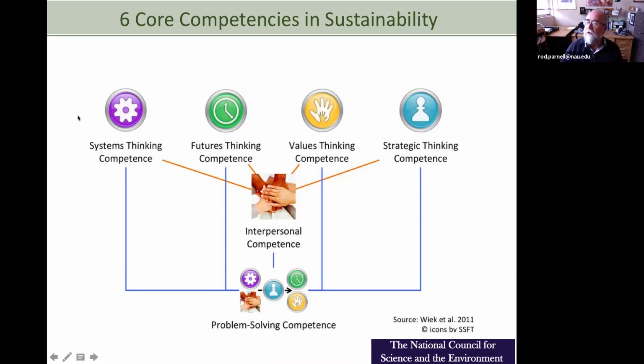And so we can think about these 4 competencies, then building with the interpersonal competence, and then using that to help build your problem-solving competence. But one of the important points to make about this diagram is that it doesn't really show how each one of these competencies has to be developed not just on your own, but with other people. And these competencies are being developed simultaneously as you're approaching the overall goal of solving a particular sustainability challenge.